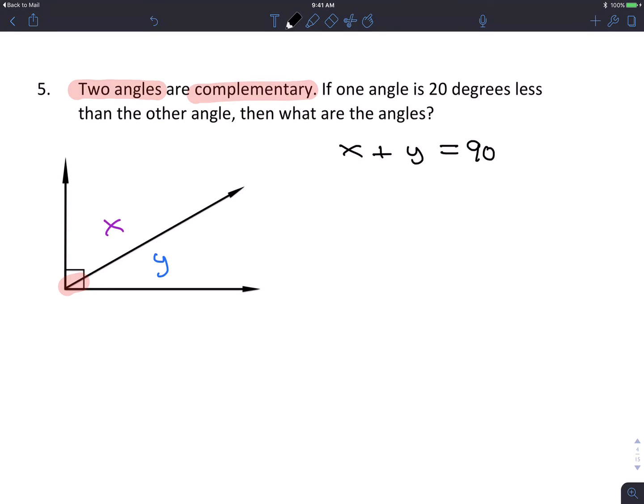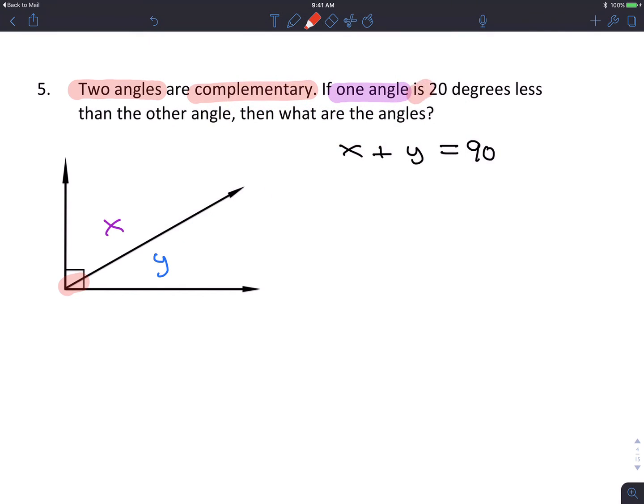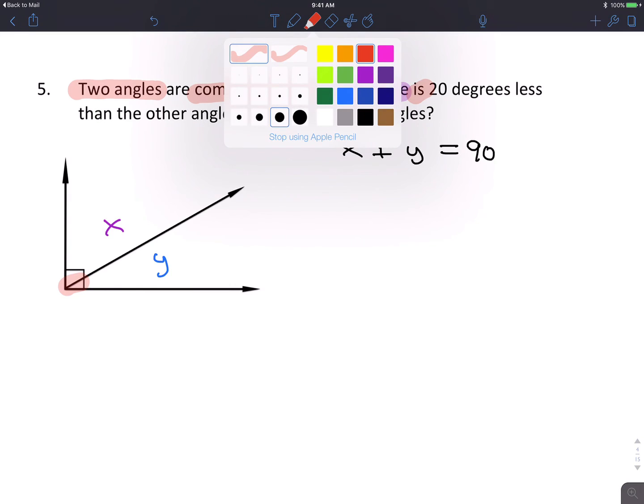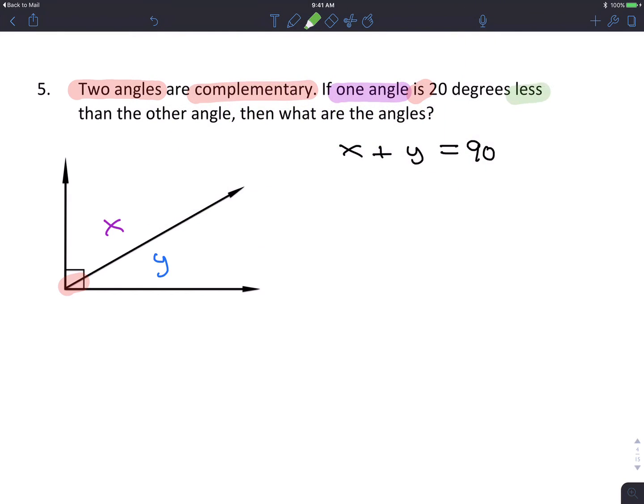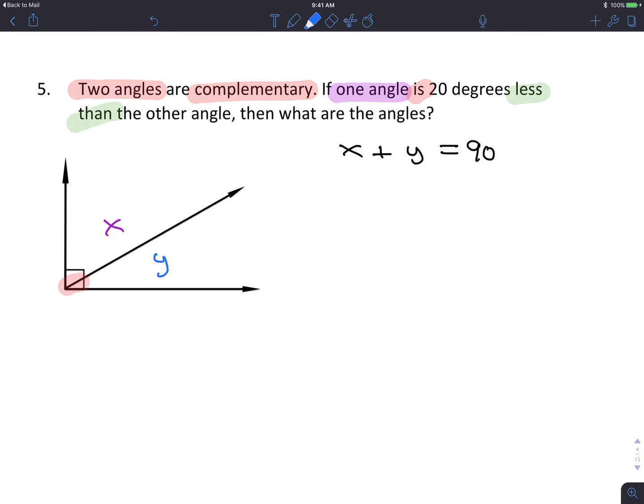Here's our first equation. Now, we're going to let one angle, call that the x, be equal to 20 degrees, and then we have this phrase called less than. The other angle, we don't know what that angle is. We called it earlier y.